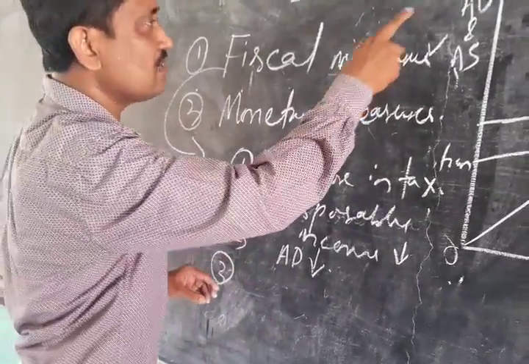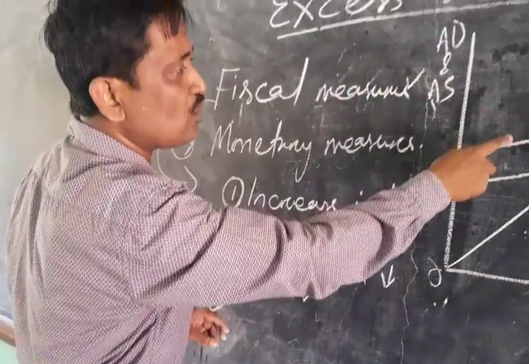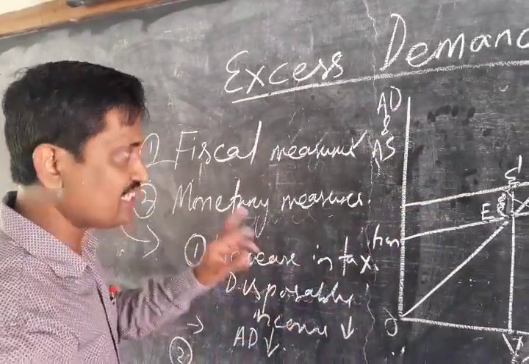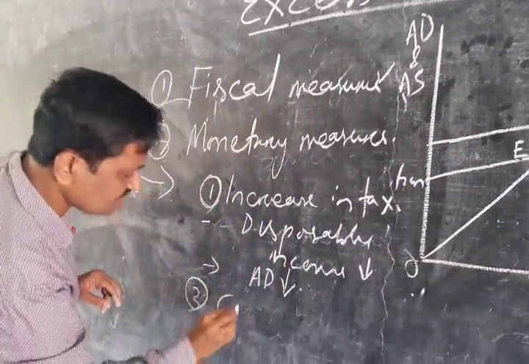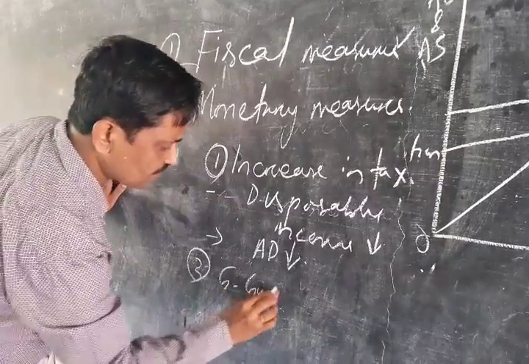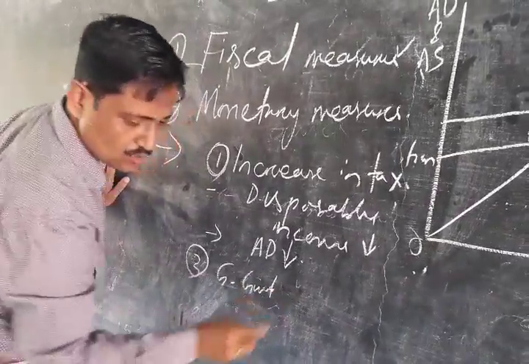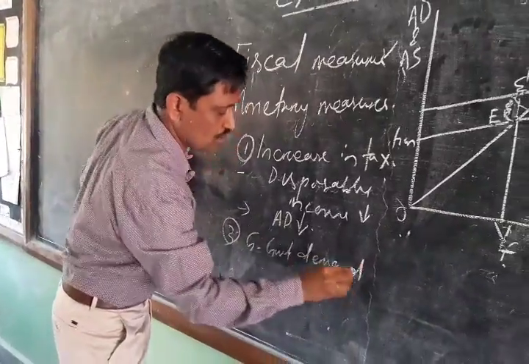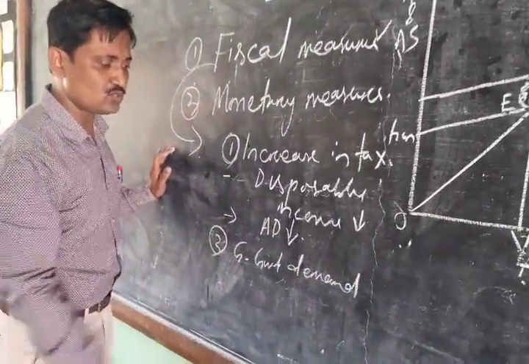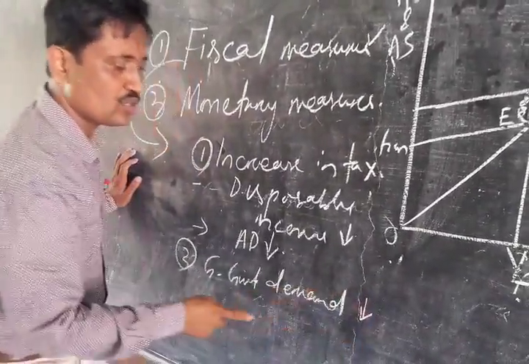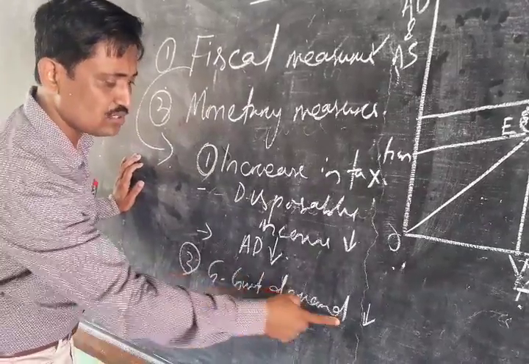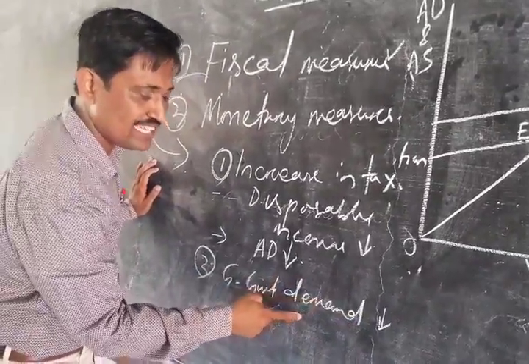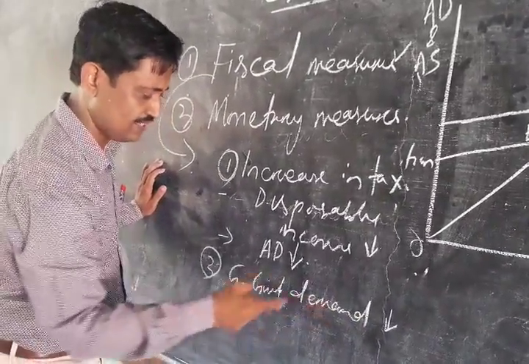As the aggregate demand has four components, one of the components is G, that is government demand. So if the government demand is reduced, then we can control that. Then how to reduce the government demand? Government has to reduce the public spending.